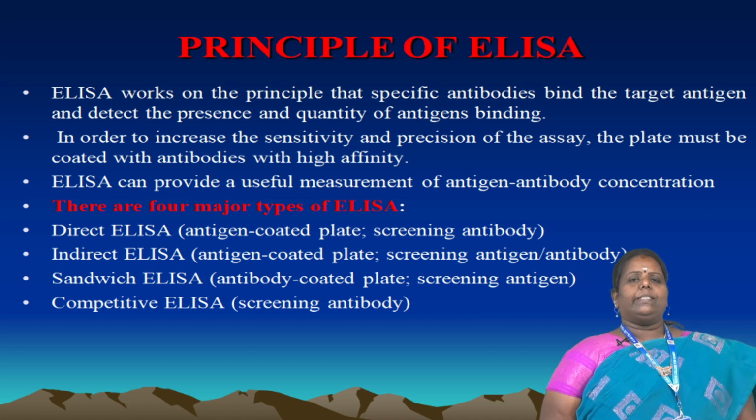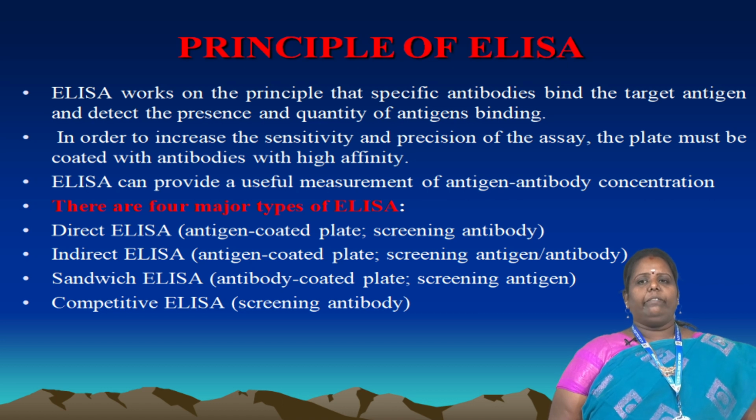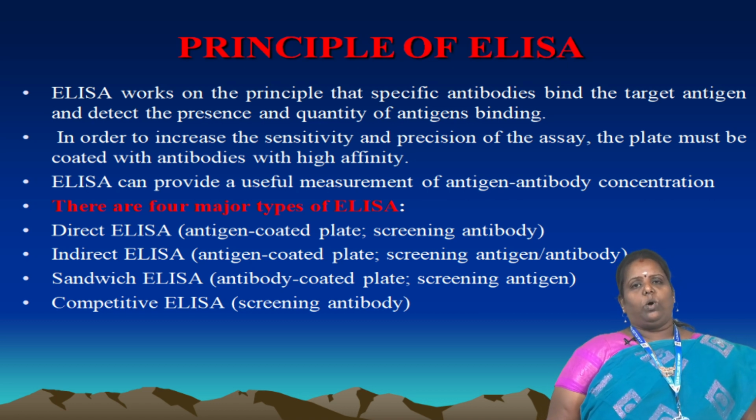What types are available for the ELISA test? There are 4 major types: the direct method, the indirect method, the sandwich method, and the competitive ELISA method. What is the difference between these methods? In the direct ELISA method, the antigen is coated on the plate, followed by screening of the antibodies.